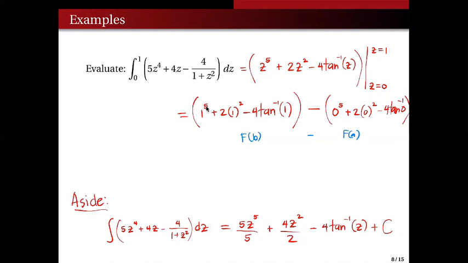So if you simplify this, you have 1 here. Here you have plus 2 times 1. So that's 1 plus 2. That's equal to 3. Minus 4. I hope you still remember the value of tangent inverse 1. This is pi over 4.